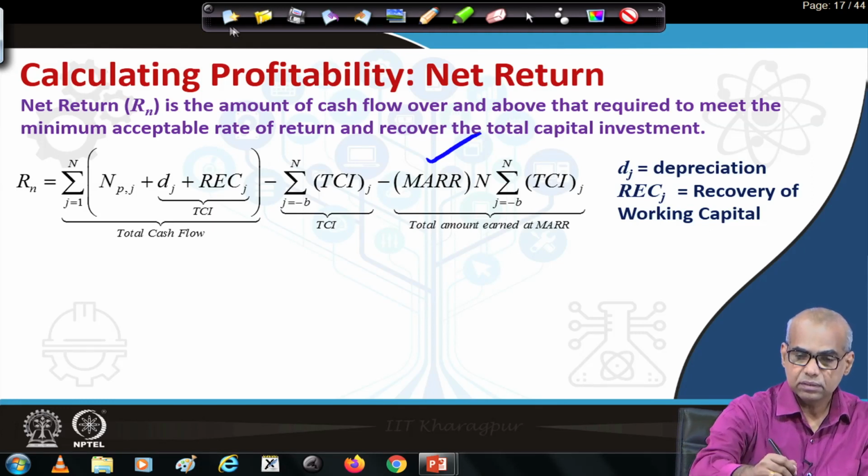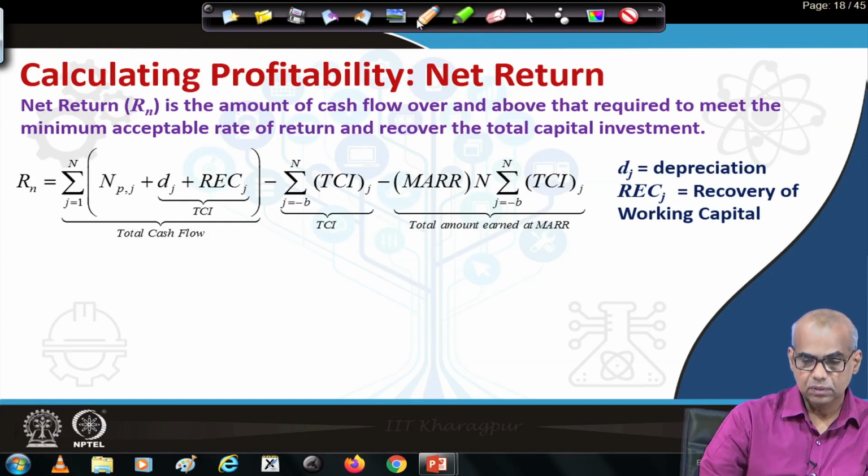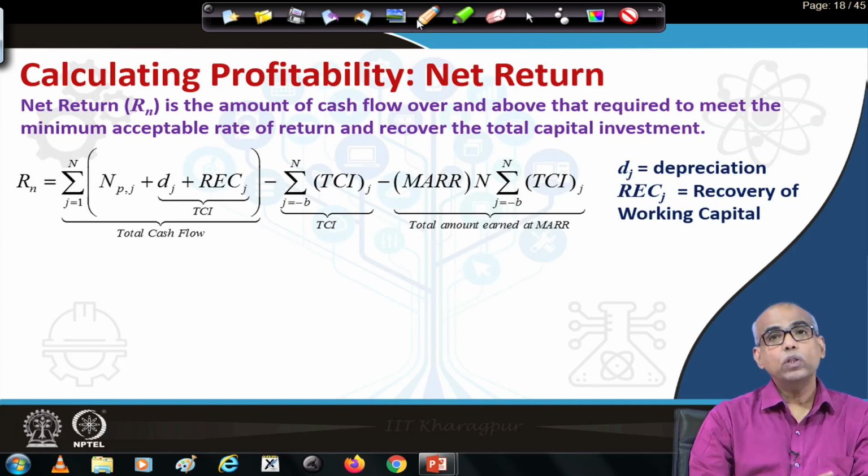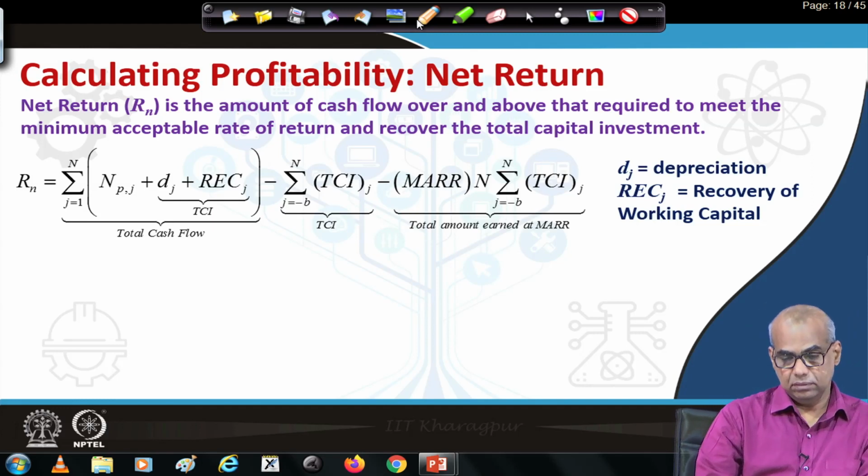Now, look at each term again. We know that if we add depreciation with the net profit, what we get is the net cash flow.